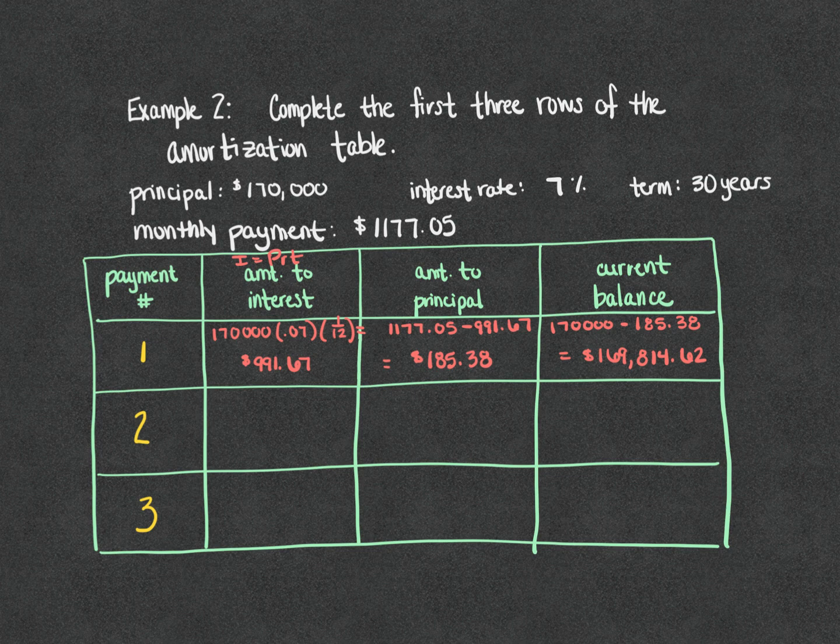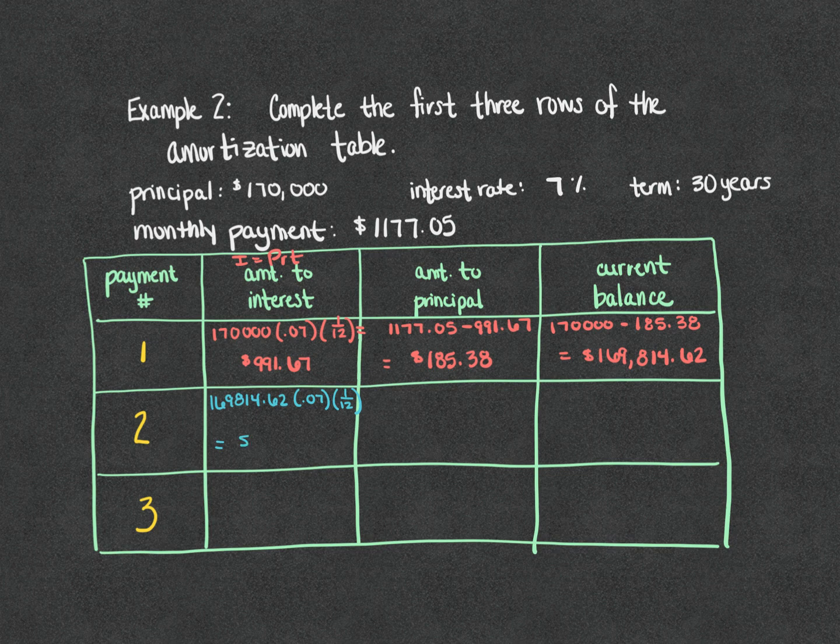And so that is now going to become the principal in our I equals PRT formula. So we've got $169,814.62 times our 7% interest. And again, this payment is one monthly payment out of the year, so the time is still 1/12.